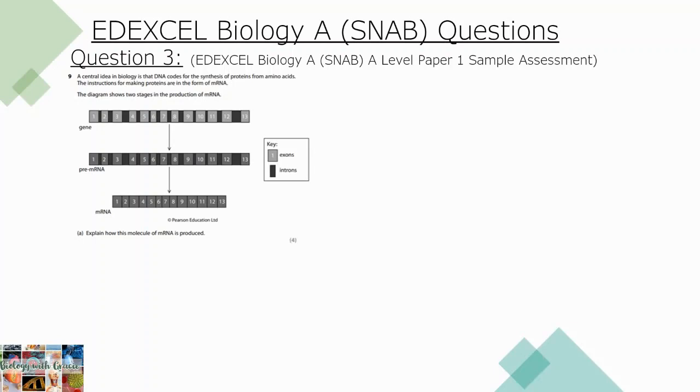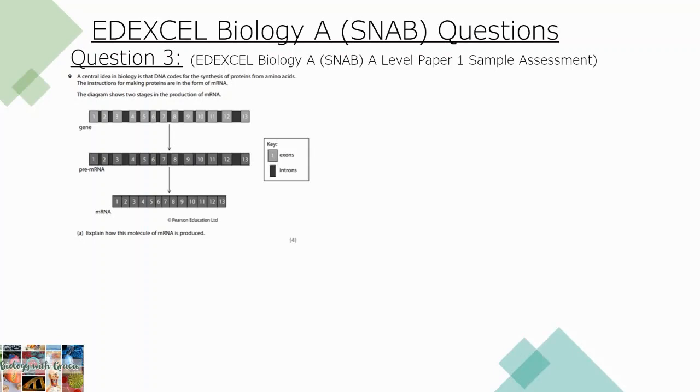And then RNA polymerase joins these nucleotides together in order to form pre-mRNA. And then we can say that the mRNA actually has fewer bases than the pre-mRNA or the gene, because the introns are removed and the exons remain. So as a result of the removal of these introns, mRNA is therefore only made up of exons.